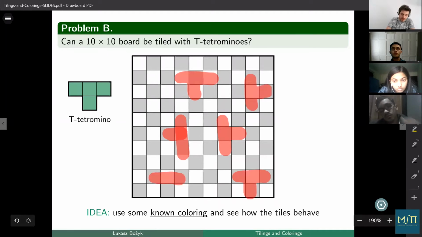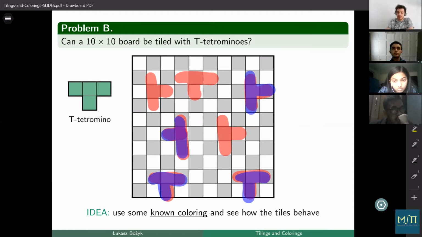And what we can see is that every tile has one of two options for behaving with respect to coloring. It either contains 3 white cells and 1 shaded cell, or it contains 3 shaded cells and 1 white cell.